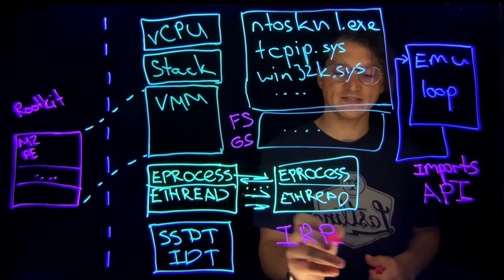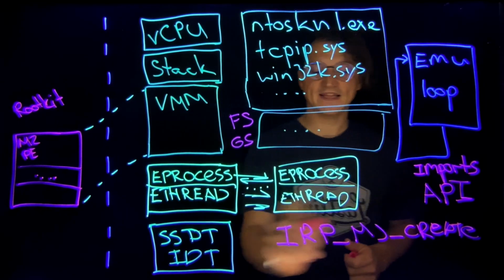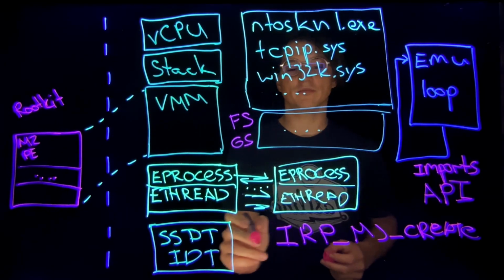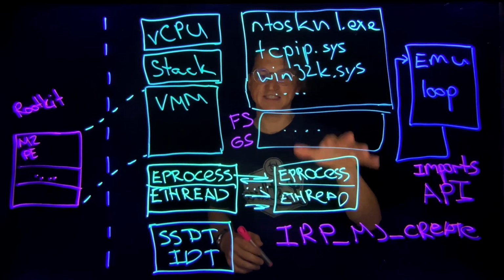And usually you would see something like IRP major create. It means if that event happens in the system, the driver callback would be called. And a lot of rootkit activity might actually happen inside those callbacks.